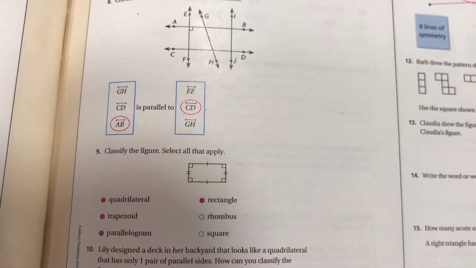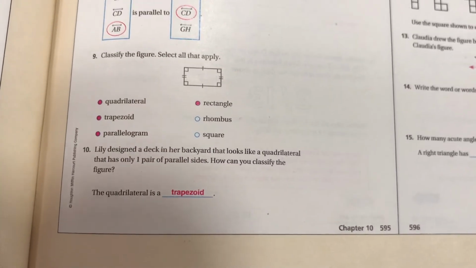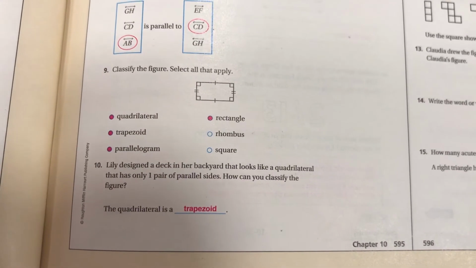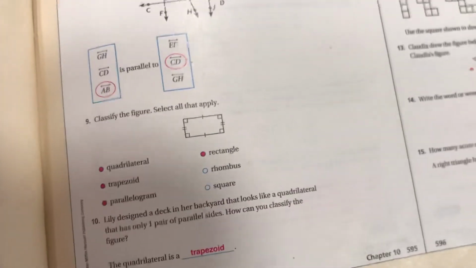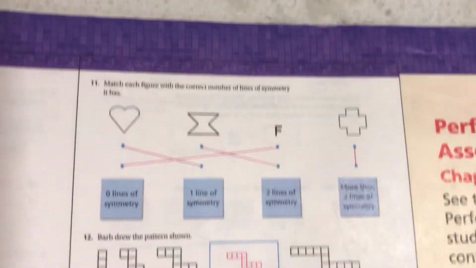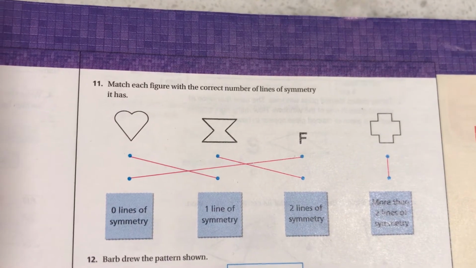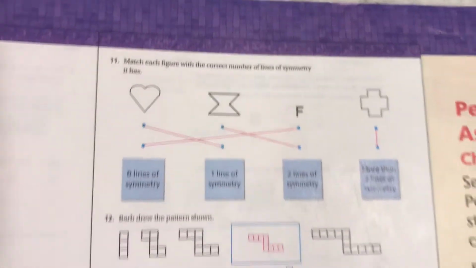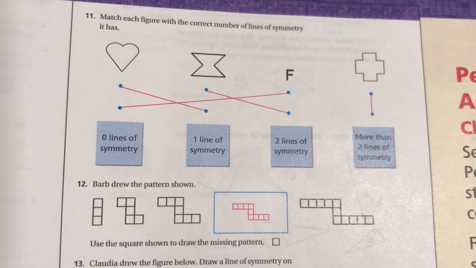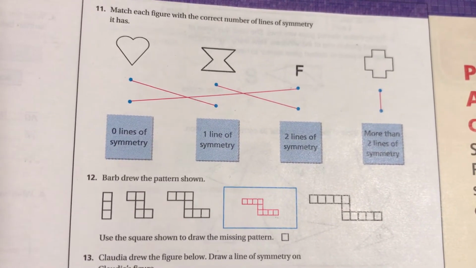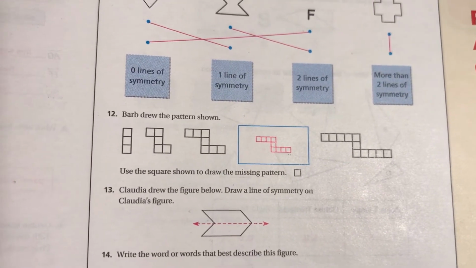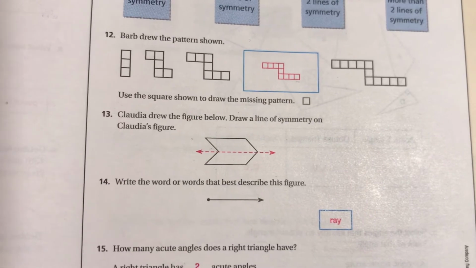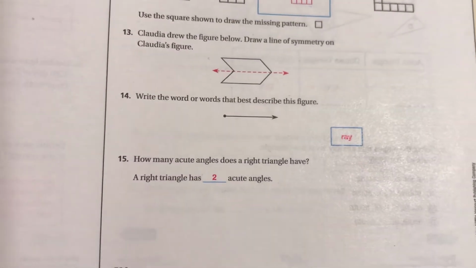There's 9. Here's 10. So remember, a trapezoid has only one pair of parallel sides, according to Go Math. There's 11. There's 12. It's a question about the pattern. Here's 13. 14. Of course, that's array. And 15.